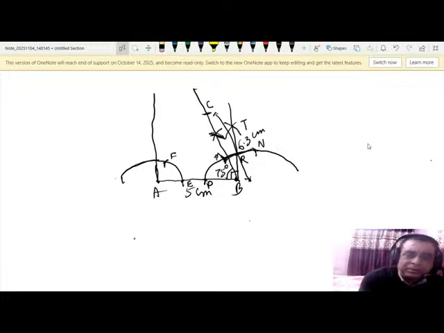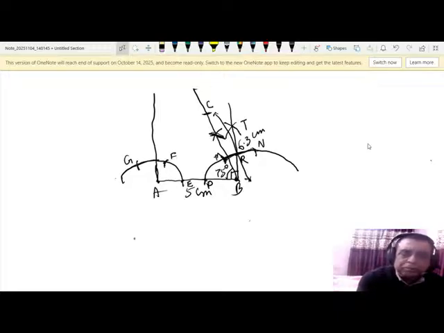Again put the compass needle at F and, taking the same radius, don't change the radius with which you made the previous arc by putting the compass needle at A, and with which you cut this arc from E, cut this arc and call the point G, suppose.